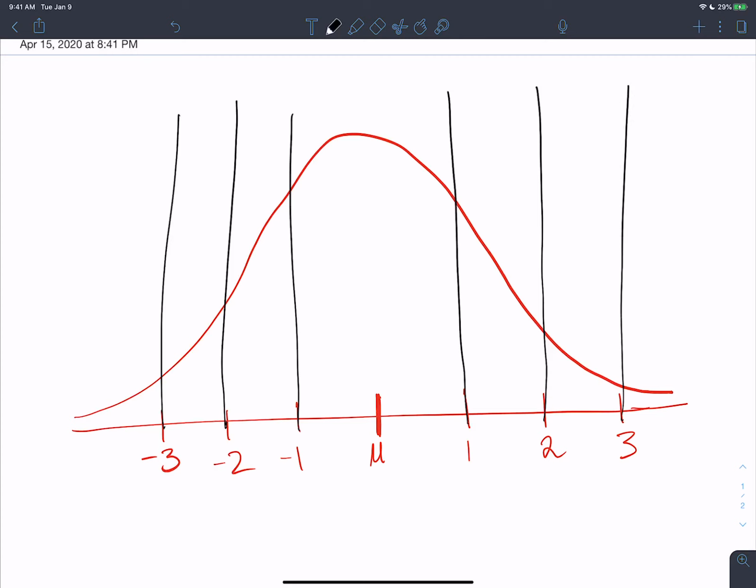So the empirical rule told us that between here and here is what percent of the data? This is one standard deviation, so it's going to be the first one. Oh, right, that's the 68%. And then two standard deviations on both sides is 95%.